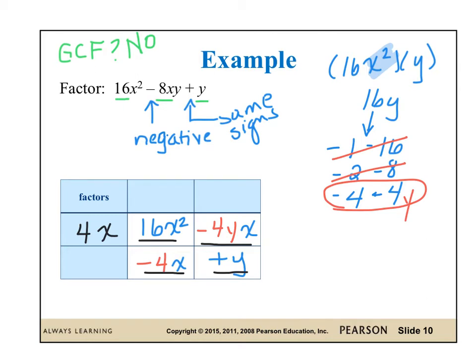And so their greatest common factor is 1. Then we have our first column, and again, we have an x in common to both and a 4 in common to both. And then on this one, the only thing we have in common is the y.